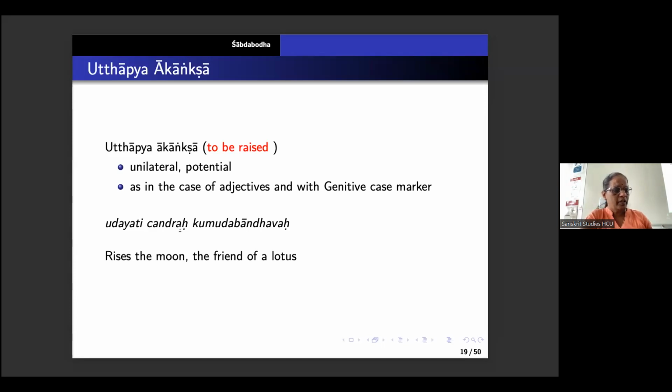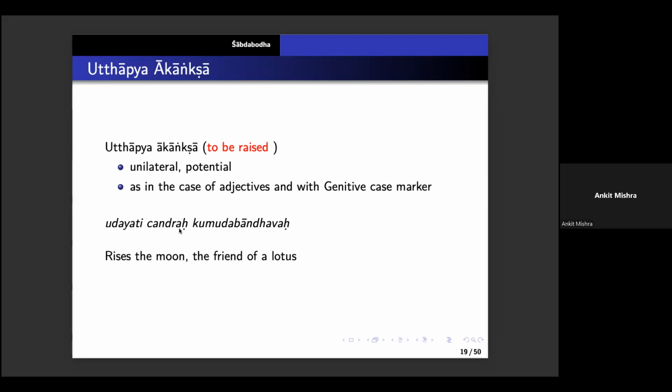So I can say, look at this book, which is a complete sentence. Look at this John's book. I can drop this word John and still I have a complete sentence. The word John's has an expectancy for something else, for book, but the word book does not have an expectancy for John.